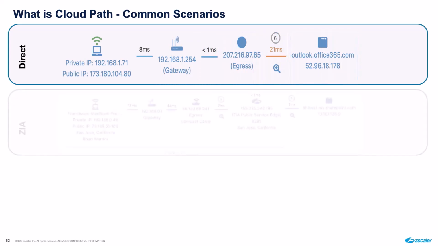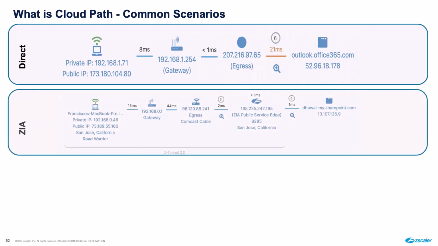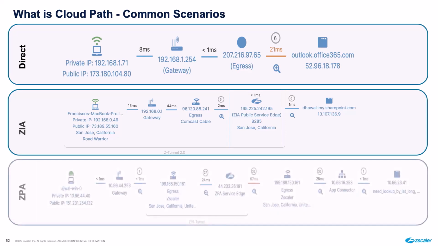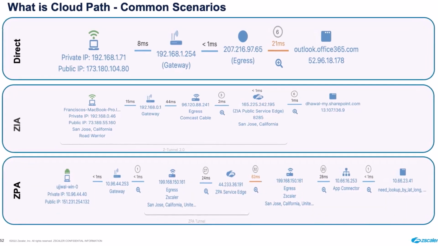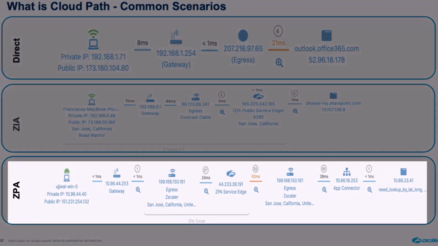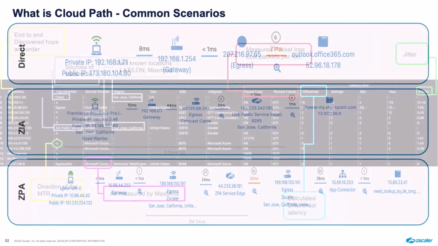In the next, we are seeing the path the user is taking via ZIA. Pretty much the same details, but now we are seeing the ZIA Service Edge in the path. And the last one here is the entire cloud path for an application being accessed over ZPA. We can see the end user, the local gateway, the egress ISP information, the ZPA Service Edge, all the way to the App Connector, and to the destination application.